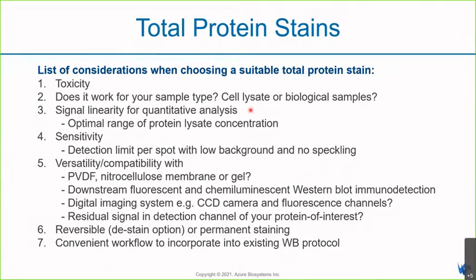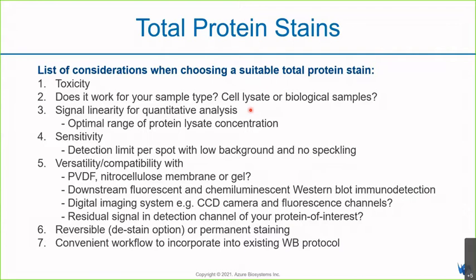The next point is signal linearity, which is very important because just like we detect the protein of interest, the total protein bands that we image, detect and quantify should also have the best signal linearity to give you very quantitative analysis data.